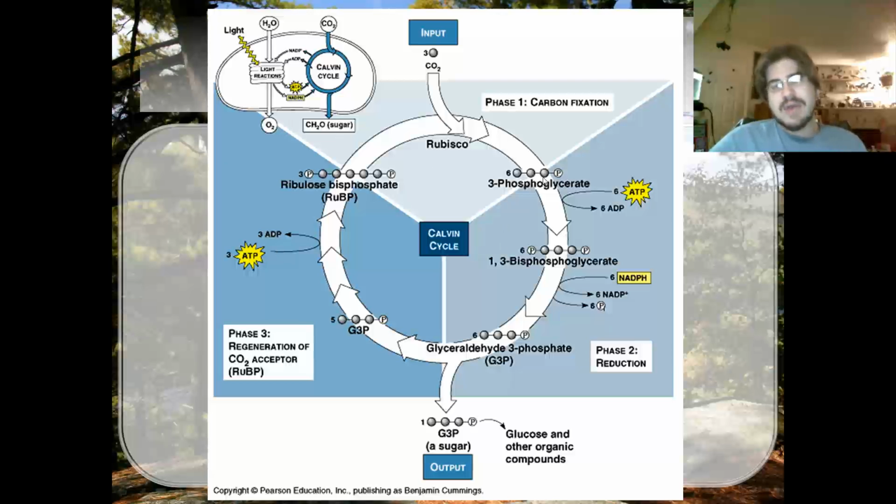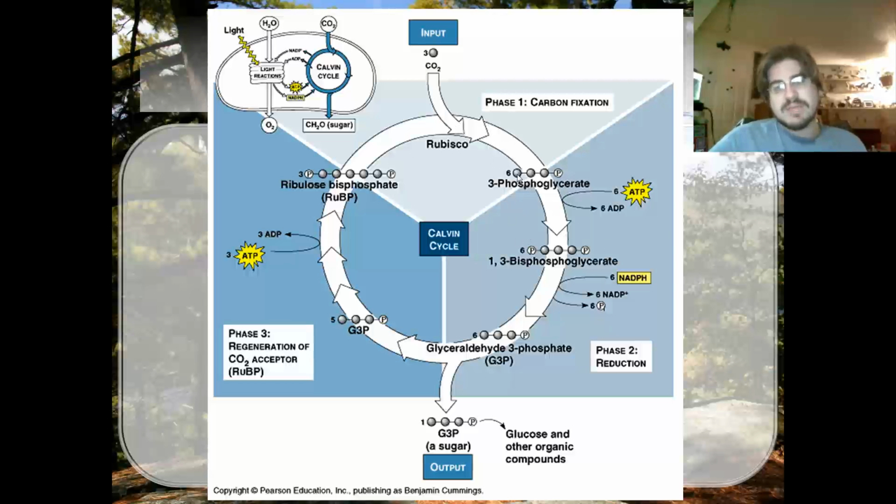So here we go. You don't have to know the names of each single one of these or anything like that. I just am showing this to you so you see phase 1 is carbon fixation, where we take our ribulose biphosphate and attach it to 3 carbon dioxide to make Rubisco. And then in phase 2 reduction, we actually use our ATP to break this sucker into smaller pieces. So here we go.